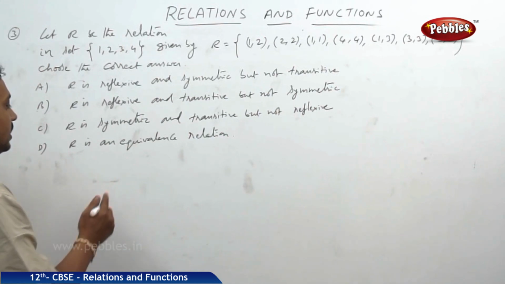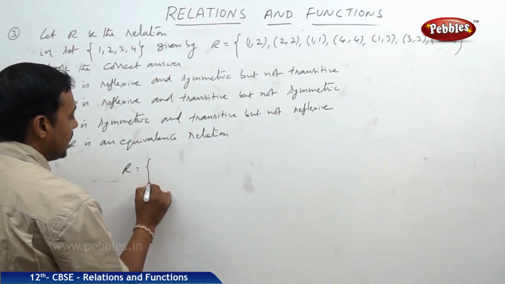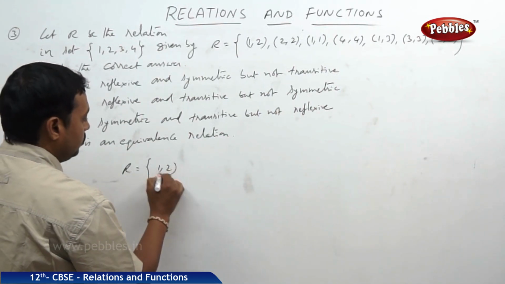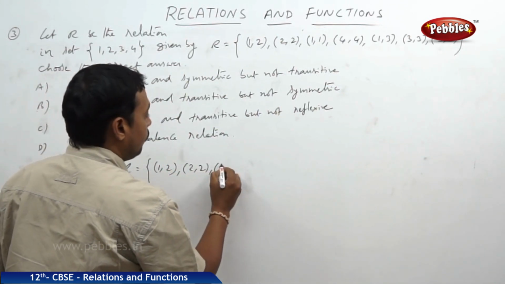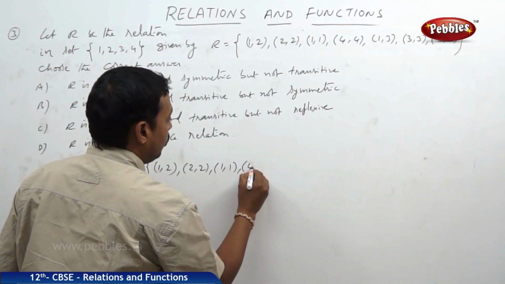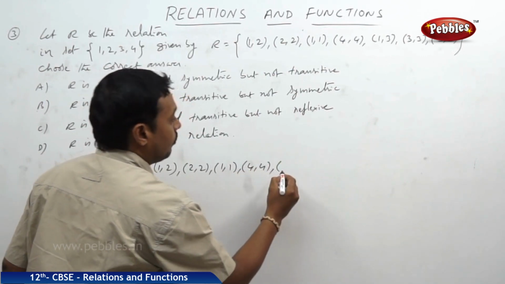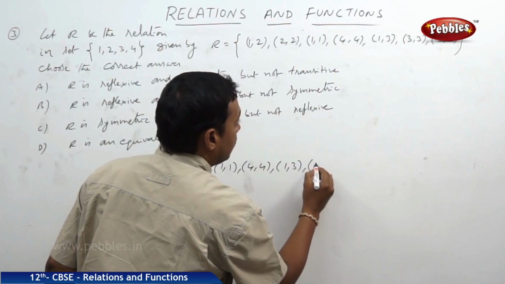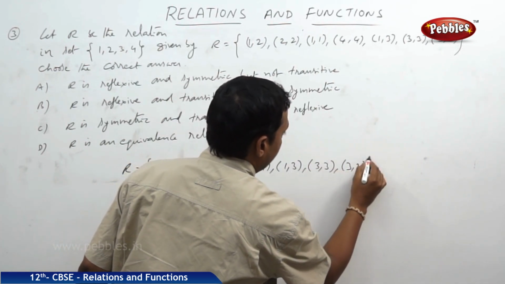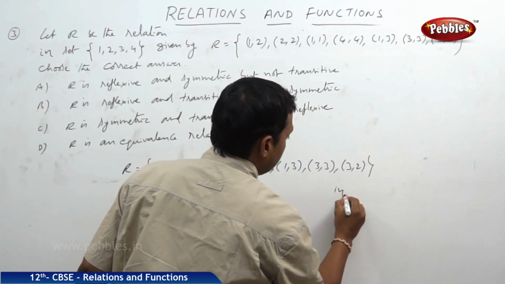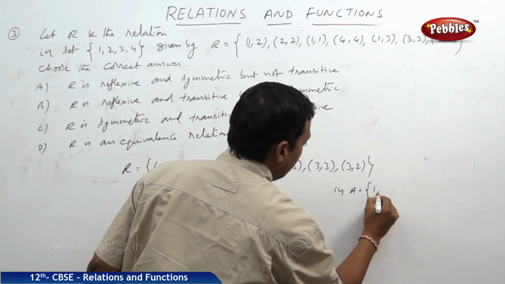Now, given that R is the relation {(1,2), (2,2), (1,1), (4,4), (1,3), (3,3), (3,2)} in the set A is equal to {1, 2, 3, 4}.